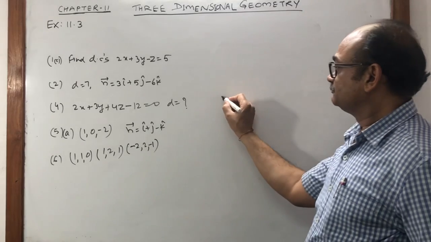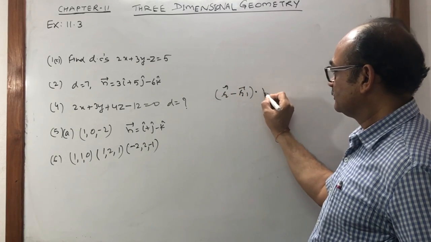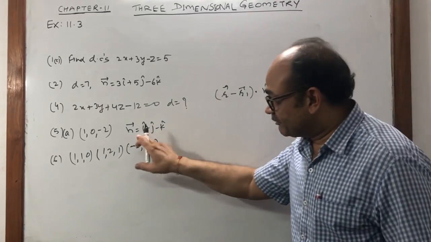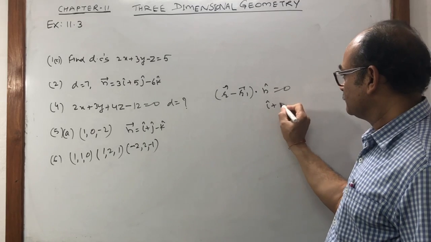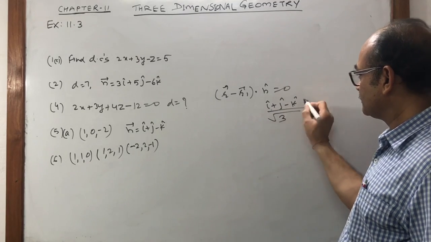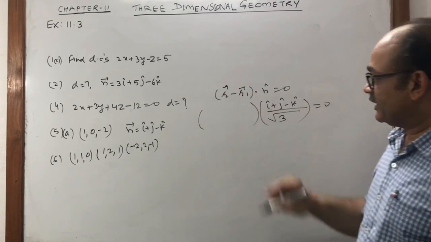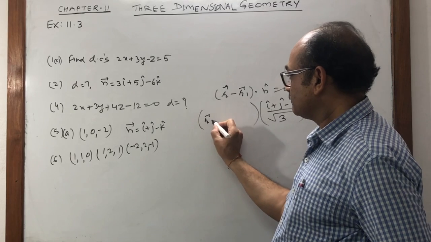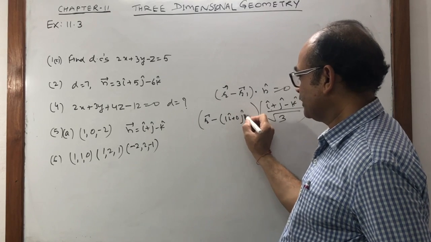A point and a normal are given to you. Point is given, so r minus r1 dot n cap equals 0. N cap is not given. This time the normal vector is given, so we can convert it into the normal divided by root 3, with 1, 1, 1. This is n cap. And here r minus r1 is x minus 1 i, y minus 0 j, z plus 2 k.